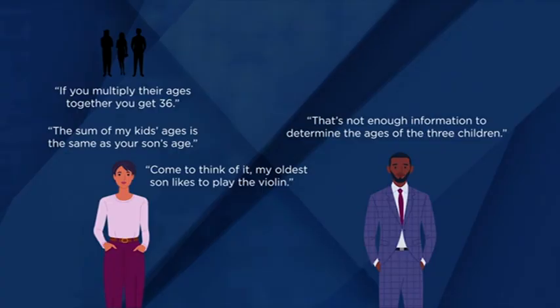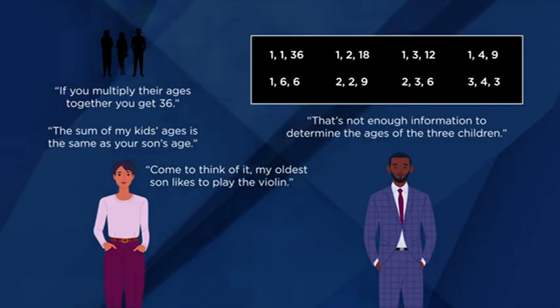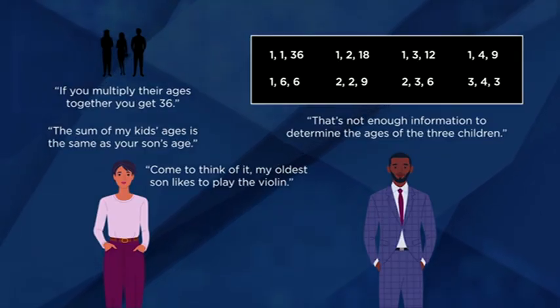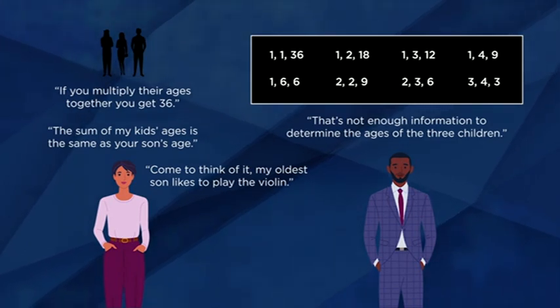Well, perhaps a logical place to start is with the fact that we have 3 kids whose ages multiply out to 36. There are only so many ways for this to happen, and we could just list them all. This might be a good time to remind you that this is a logic puzzle. We don't worry about things like the plausibility of having 1-year-old twins at the same time that you have a 36-year-old child. We care about mathematical possibilities only.